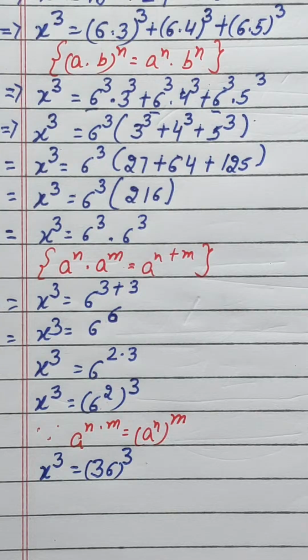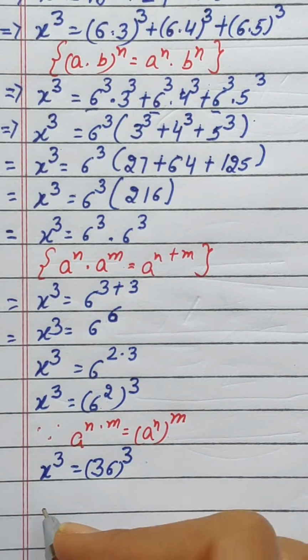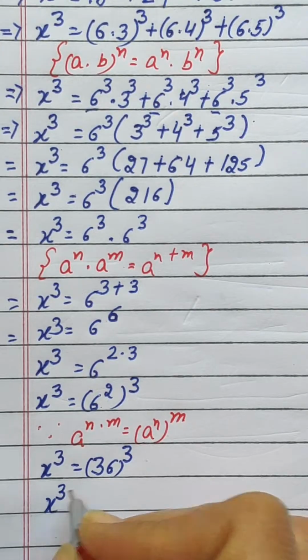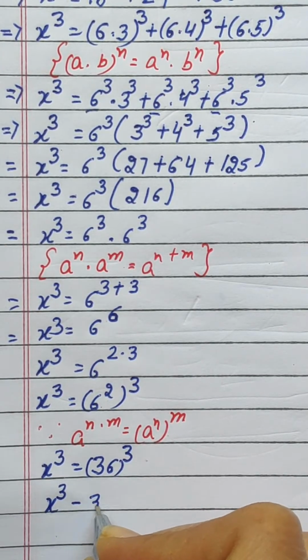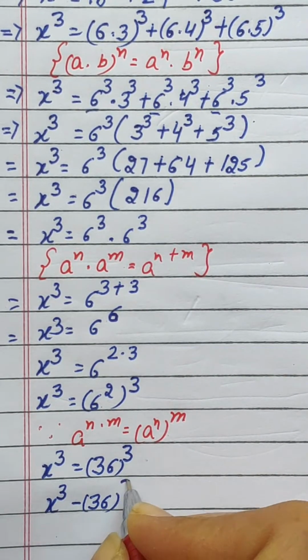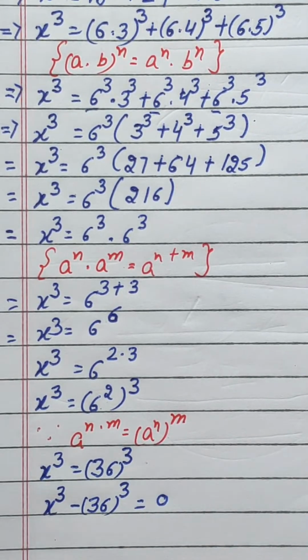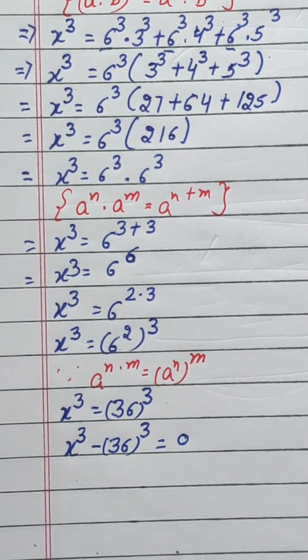So if I am shifting this 36 to here, x raised to the power 3 minus 36 raised to the power 3 is equal to 0.